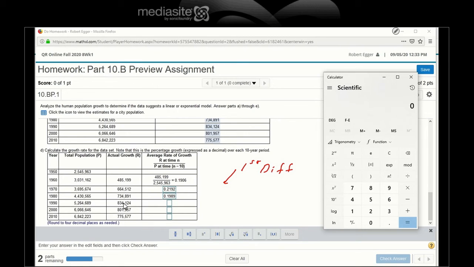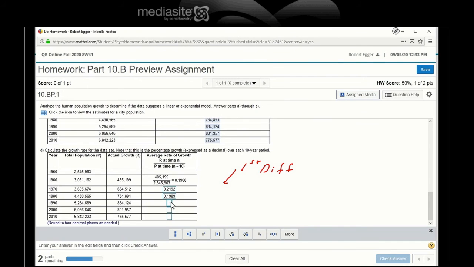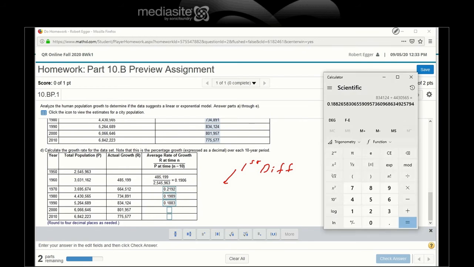Next one would take, again, the actual growth divided by the 1980s population. So 834,124 divided by 4,430,565 for 0.1883, when you round to 4 places.